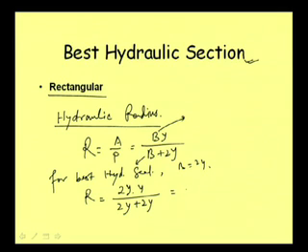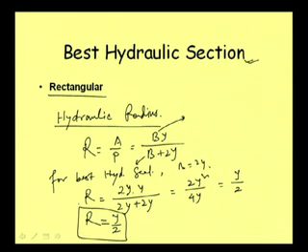So, this leads to twice y square by 4y, which is y by 2. So, R is equal to y by 2. That is the best hydraulic section, and in the best hydraulic section, the hydraulic radius can be considered as R equal to y by 2.